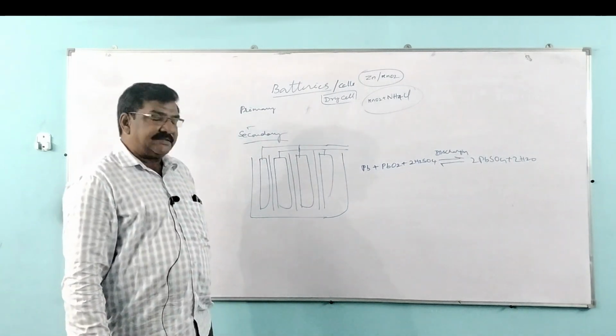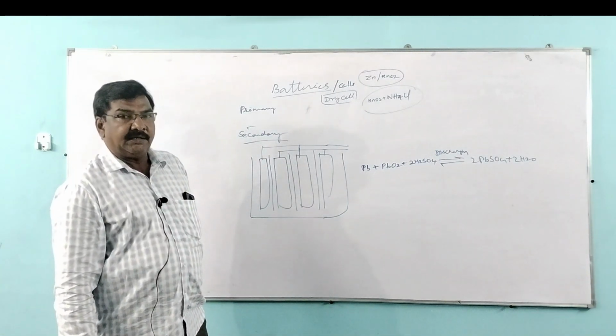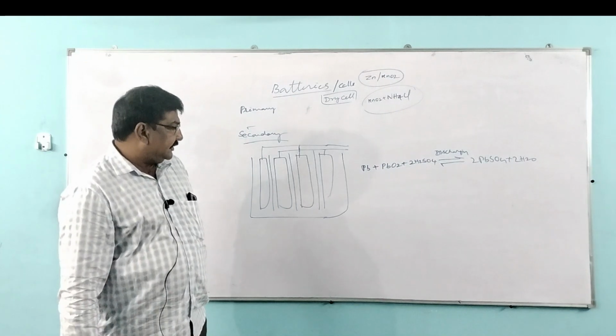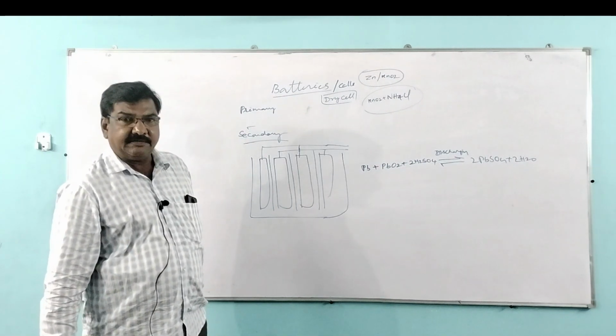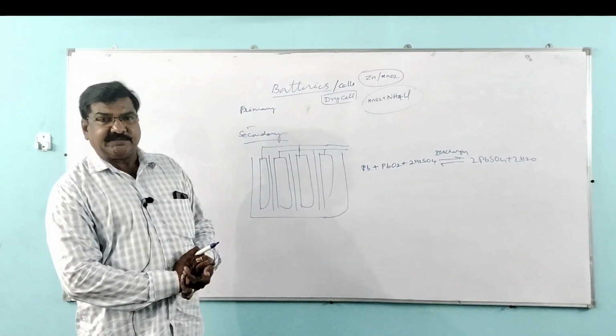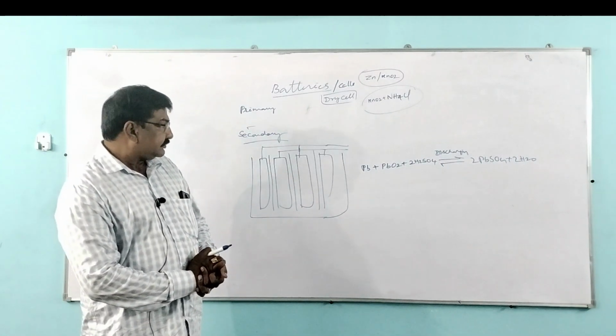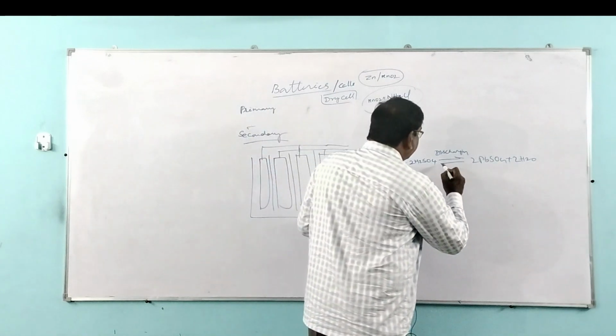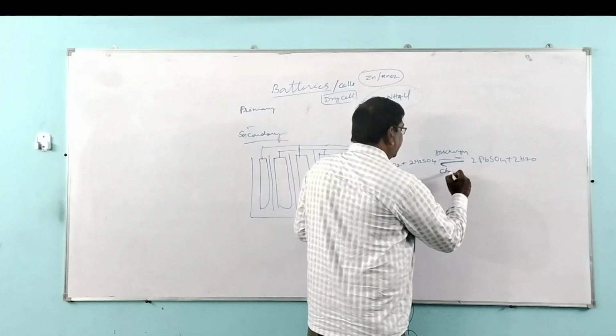Here the reaction is reversible. In the forward reaction, the current present in the lead accumulator or lead storage battery comes out. During charging, the reverse reaction takes place.